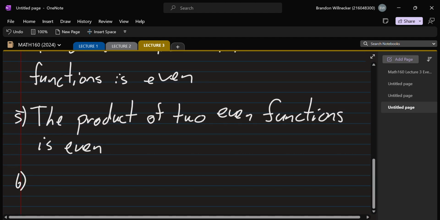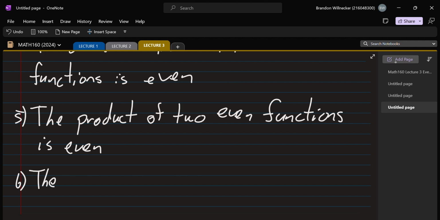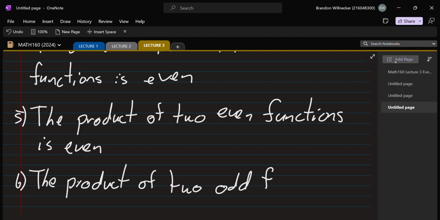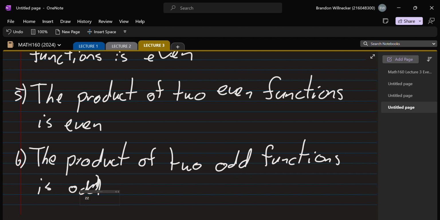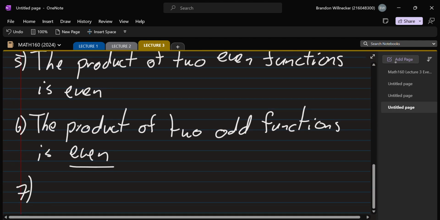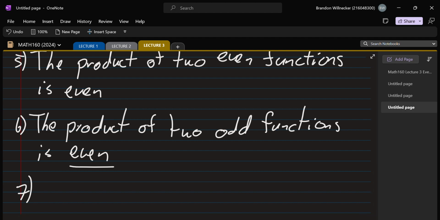Number 6, the product of 2 odd functions is even. And number 7, the product of an even function and an odd function is odd.